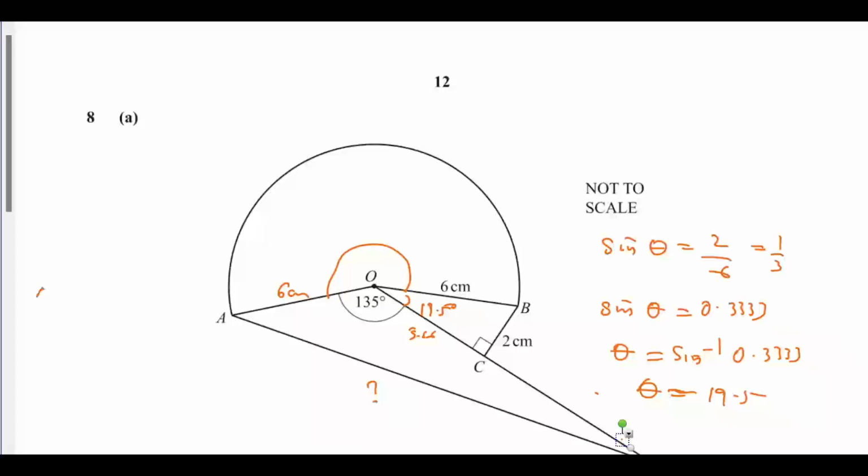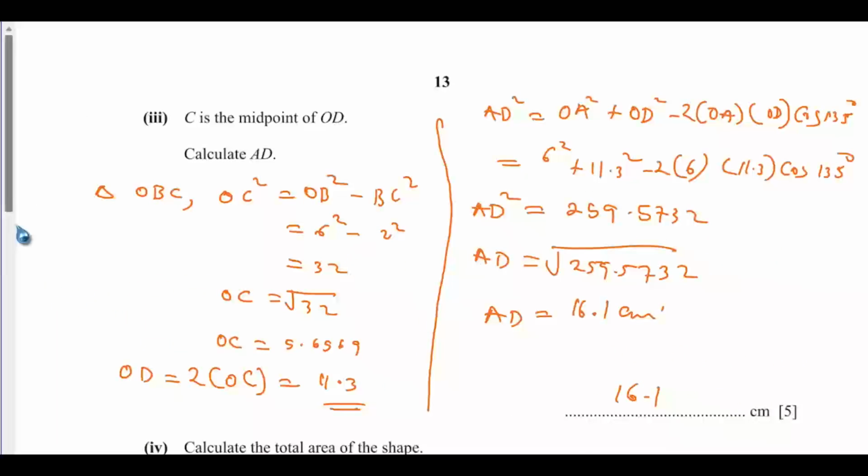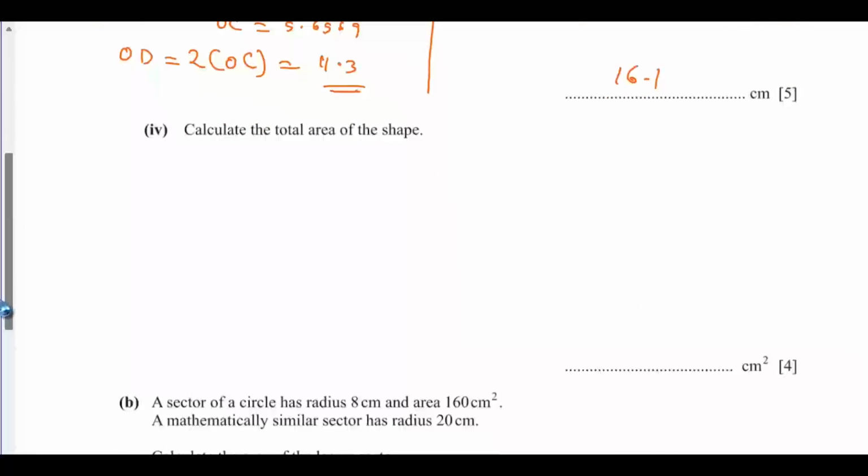So the area will be OA times OD times sine 135 divided by 2. So this is what we're going to use to calculate the area. So let's go to the right page and do that.